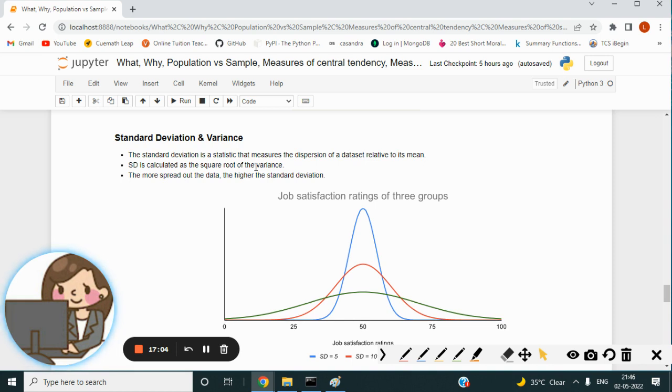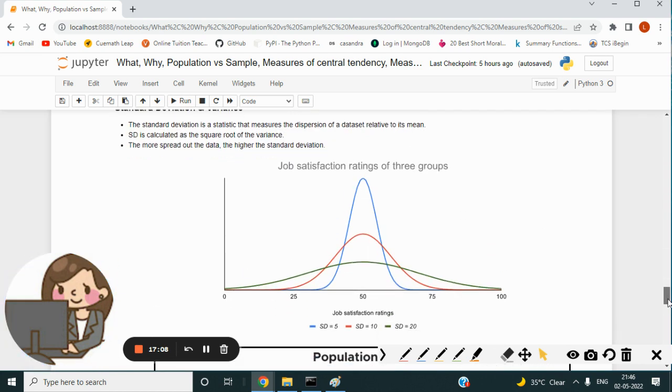The more the spread of the data, the higher the standard deviation. I will show that with this example. In the first one, the blue line, the standard deviation is 5. You see the entire data is lying in this region. The standard deviation is less, which means the spread is less.